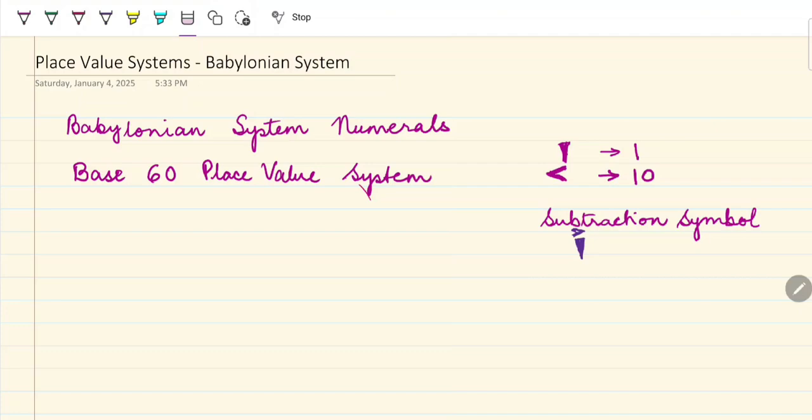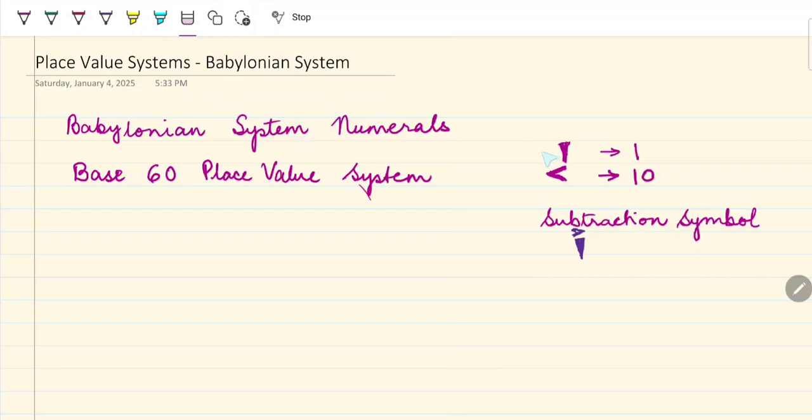also follows the same logic, except they use a base of 60, whereas the Hindu-Arabic system used a base of 10, resulting in what's called the decimal system. But let's study first the numerals in the Babylonian system.